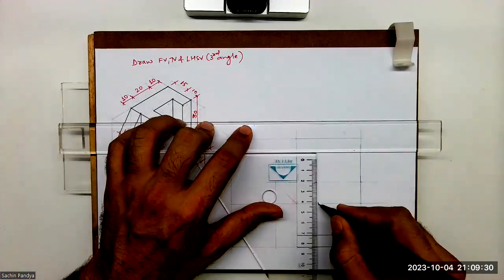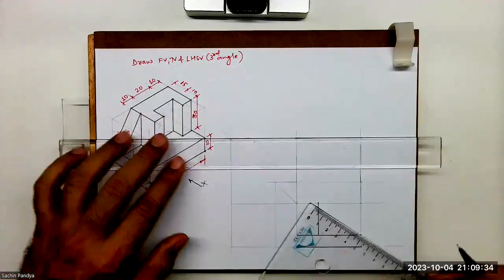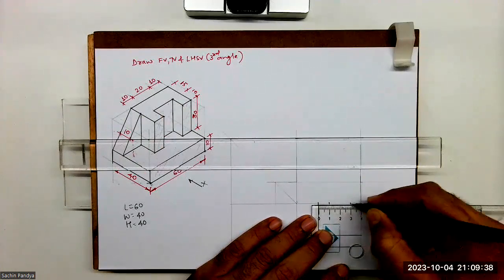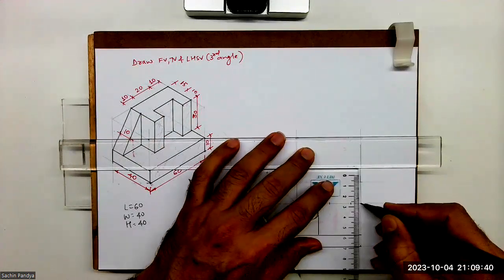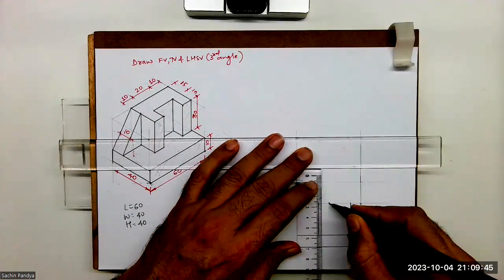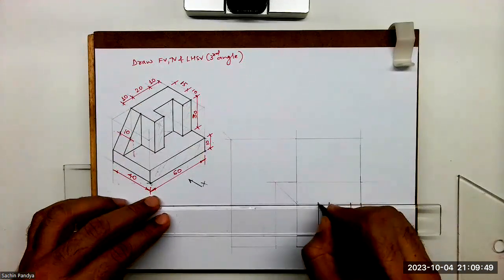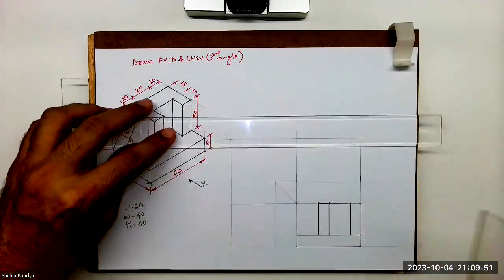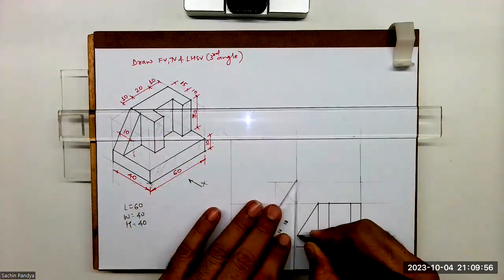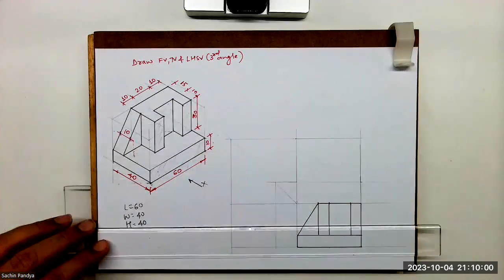And from here, vertical line. For this, then we have 10, 10 on both the sides. And from here, I will join like this. So this is how it will appear in front view.